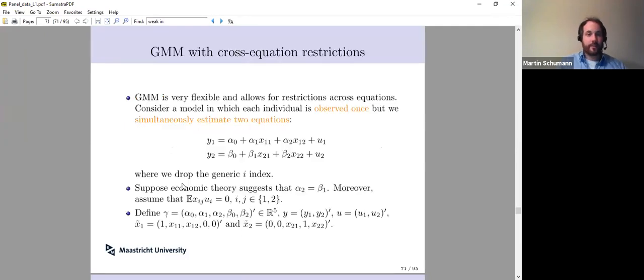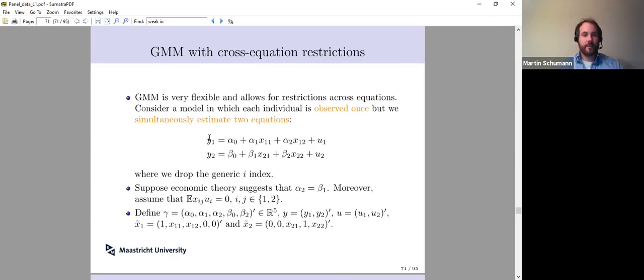Okay, so wow, that was quite a bit already. However, GMM continues a little bit. GMM is super flexible, so it's generalized for a reason. For instance, we can look at the system of equations again, where we observe the same individuals in two different equations.